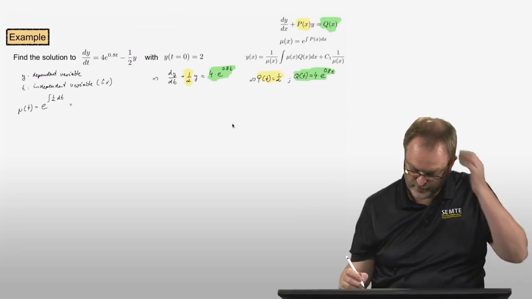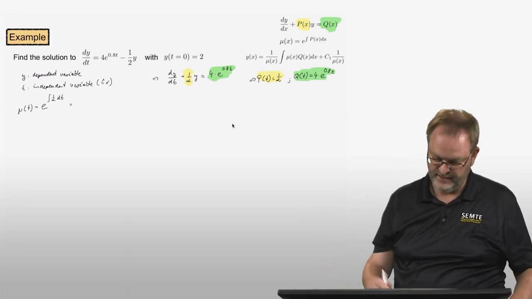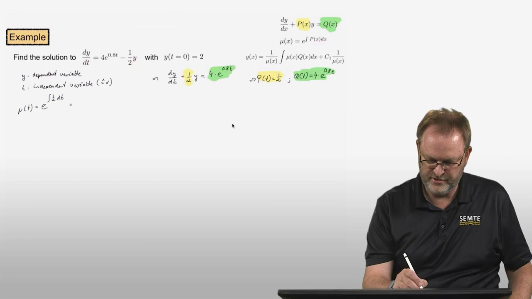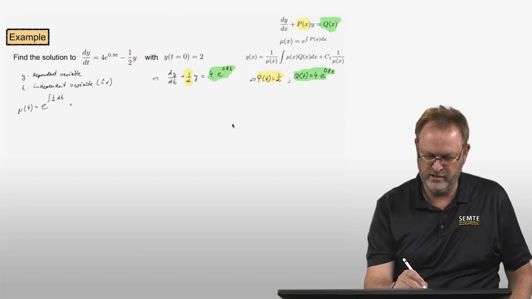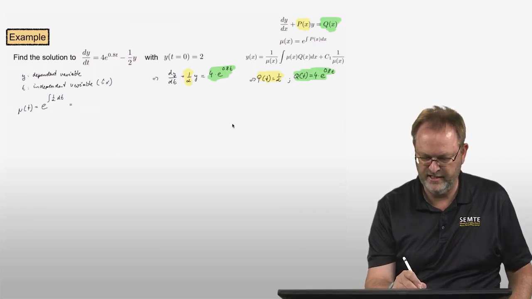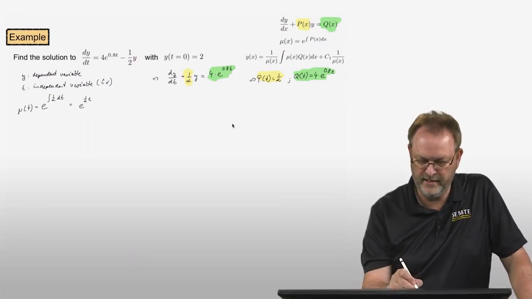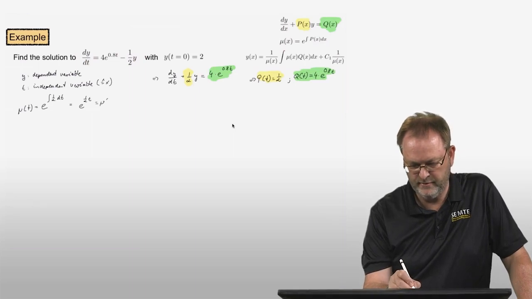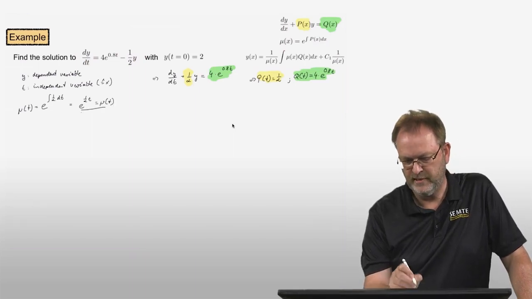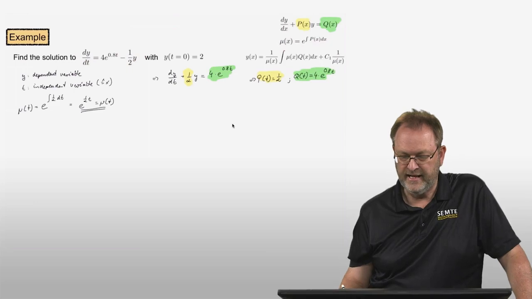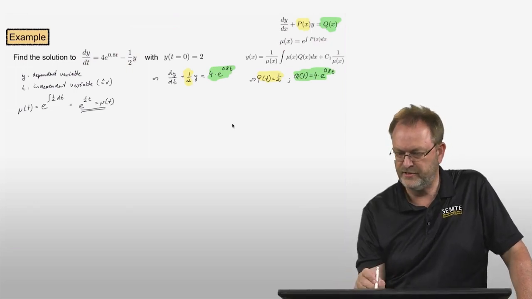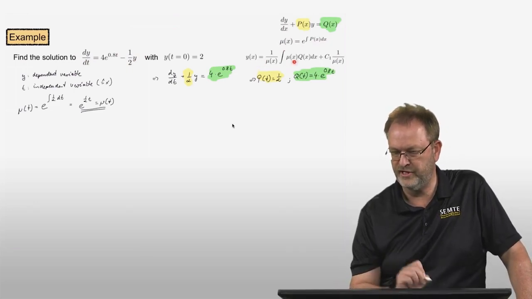Okay, so we have to just integrate this. And, well, that's just, right, the integral of 1/2 dt is just e to the power 1/2 t. So that would be my mu of t. That I can then use and substitute into this solution equation.